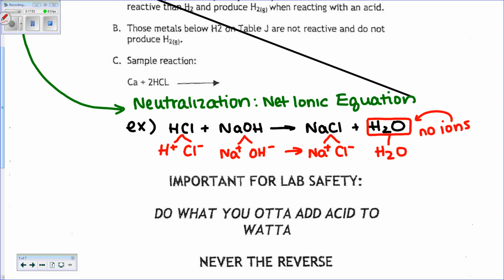So when I do the net ionic equation, it's important that I cancel out anyone that appears on each side, on the reactant and product side. That's called a spectator ion.